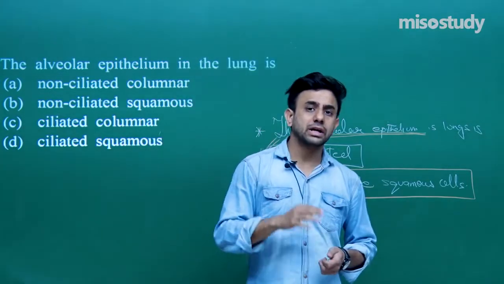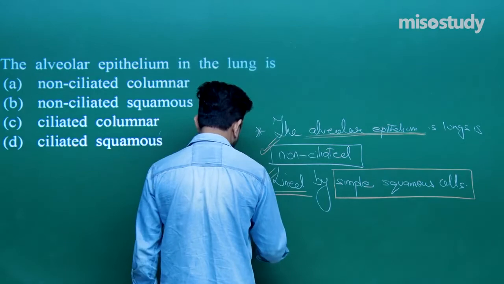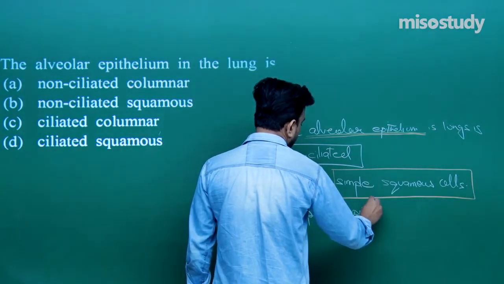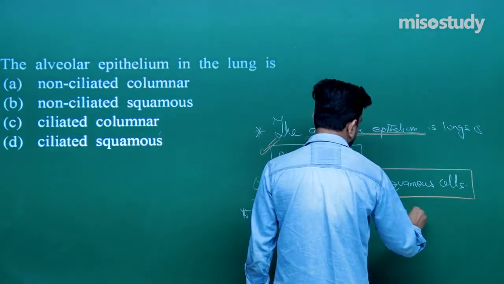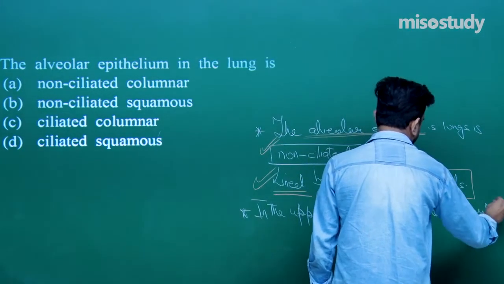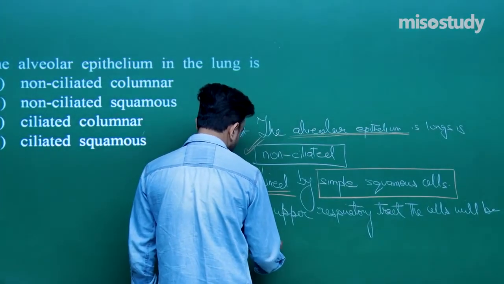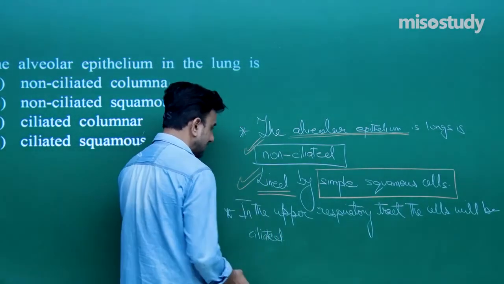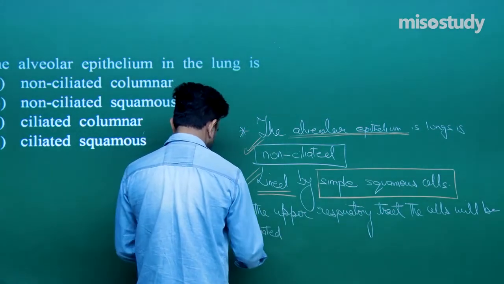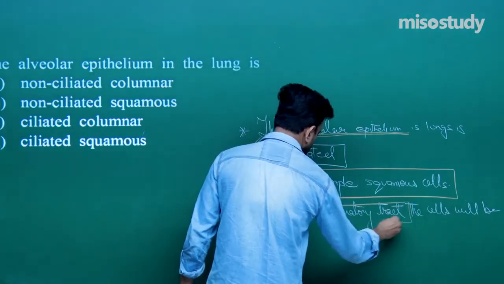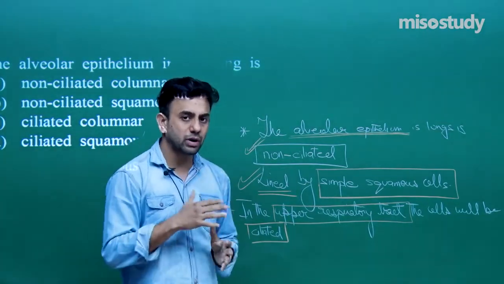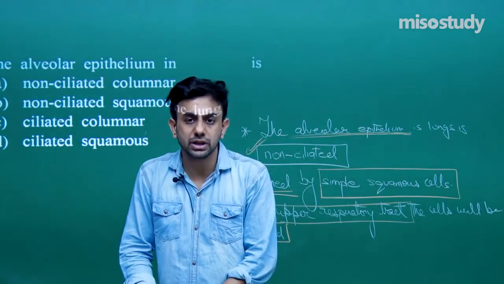In the upper respiratory tract, the cells will be ciliated, and there is a reason for that: the cilia have to beat to push things forward.